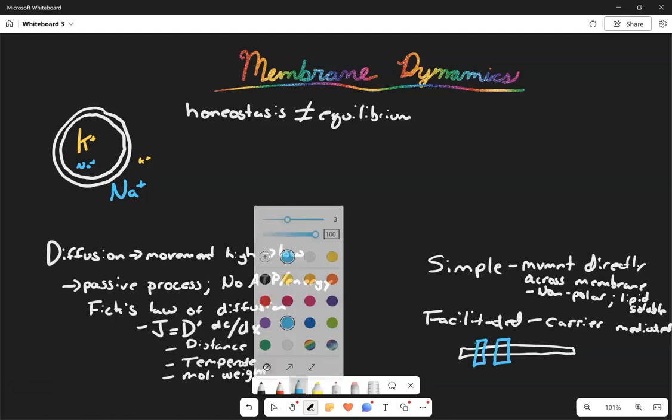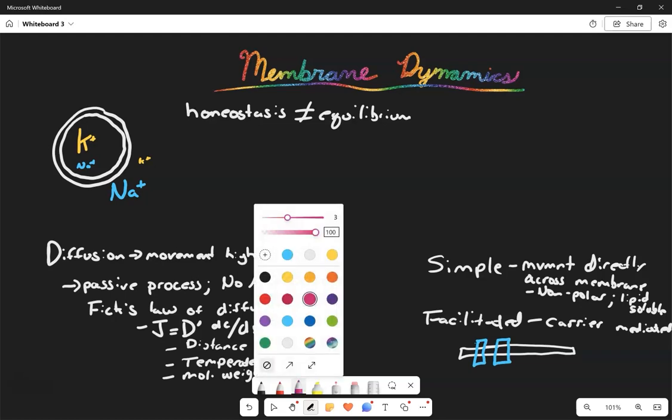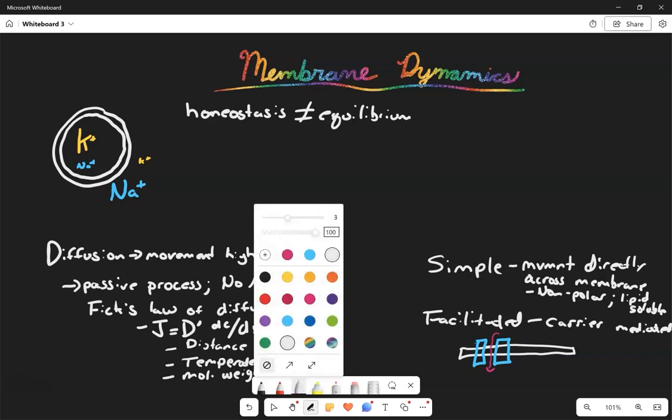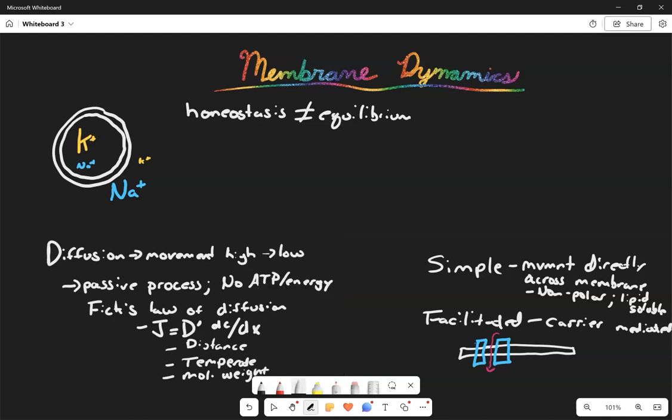And then that thing can move through that channel, right? So it is carrier mediated or channel mediated. So we can use carriers or we can use channels, just like we talked about in the last video.